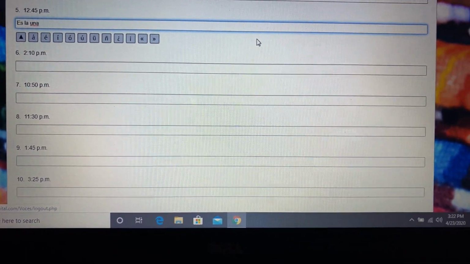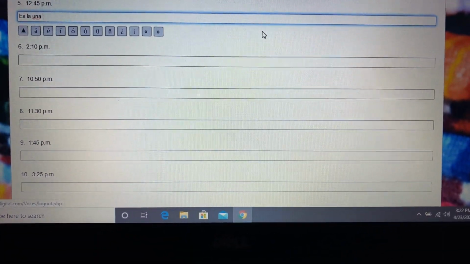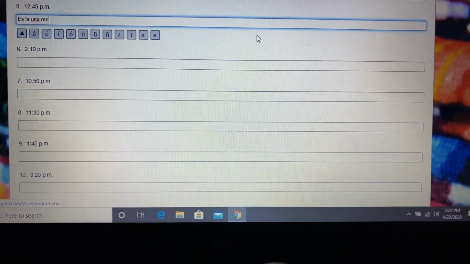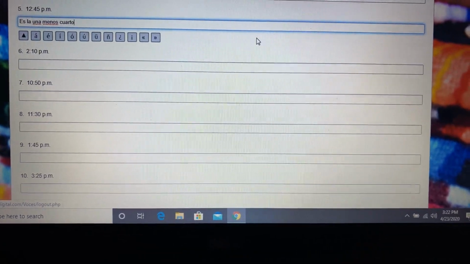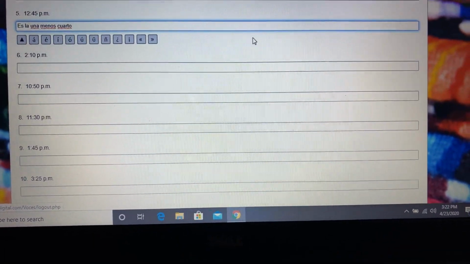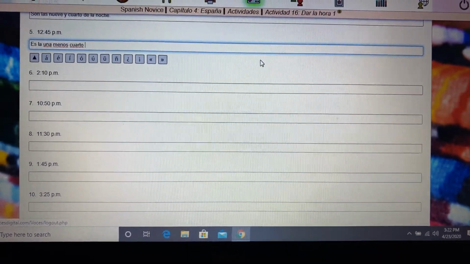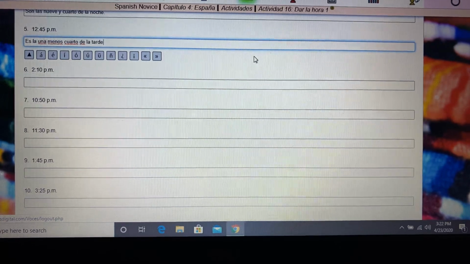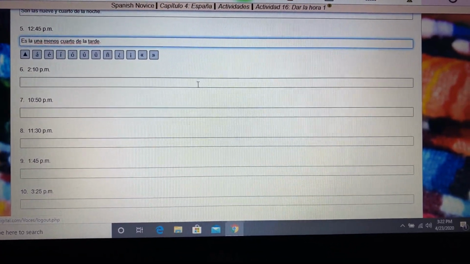I'm subtracting 15 minutes, but 45 is a special circumstance, so I need to use the word. Es la una menos cuarto, and this is in the afternoon. 12 o'clock p.m. is lunchtime. De la tarde, period.